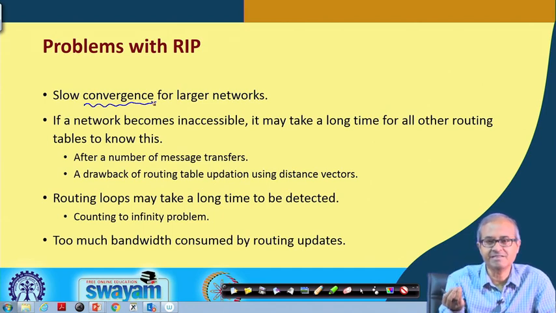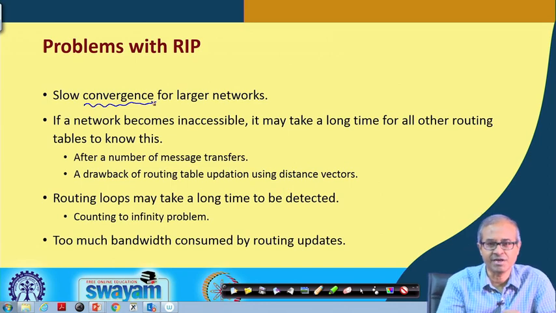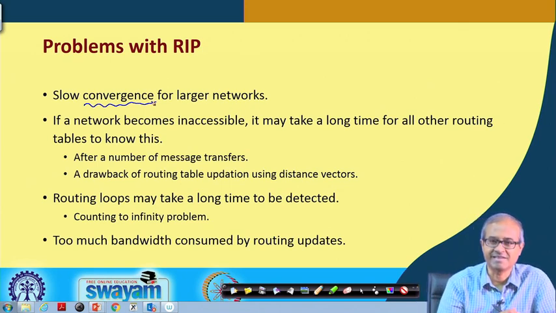Suppose a link fails, or again a link goes up. How quickly can the routers respond to these changes and update the routing table? RIP is not very good at that. It can take a lot of packet exchanges to update all the routing tables to reflect the correct status.